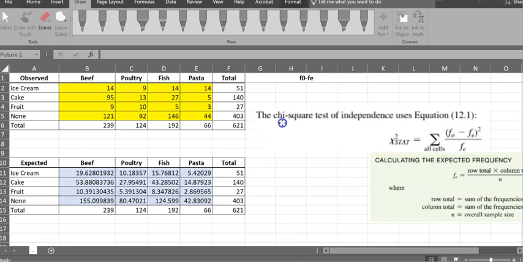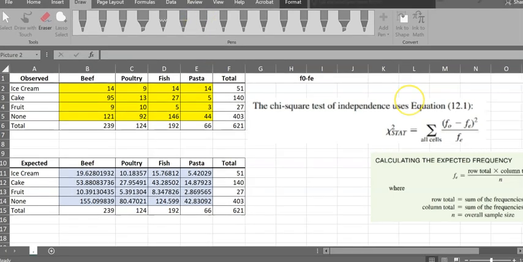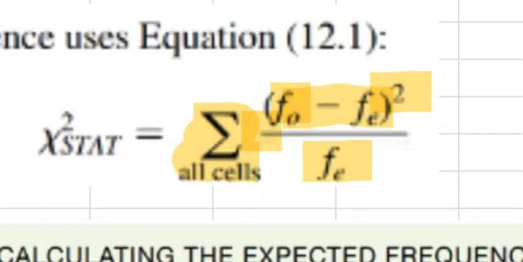Now we're going to calculate the chi-squared stat. For this purpose, we need to calculate this expression: f0 minus fe, then we square it, divide by fe, and finally sum all the cells, which is really a long way.